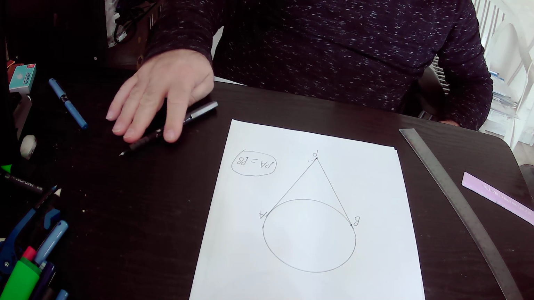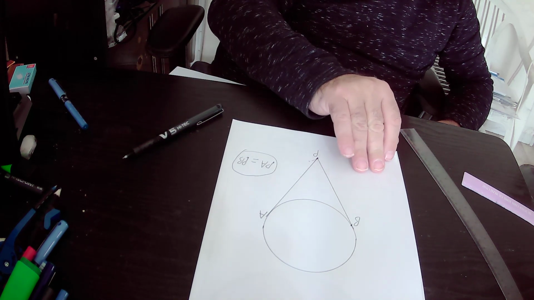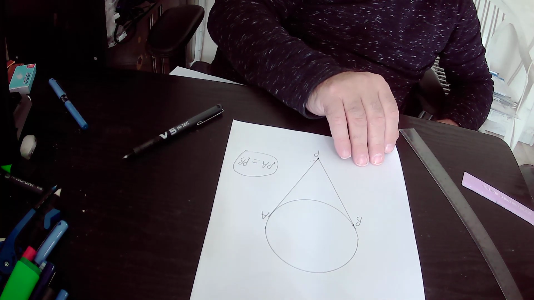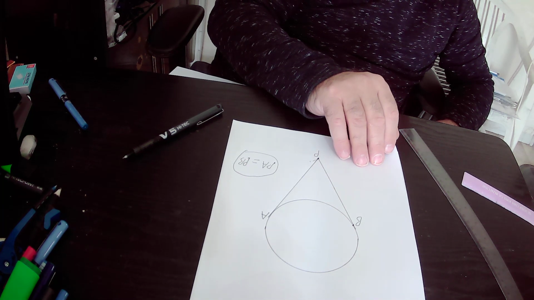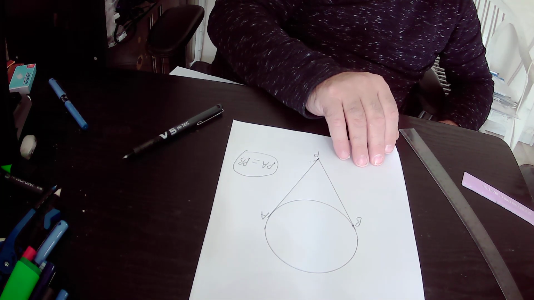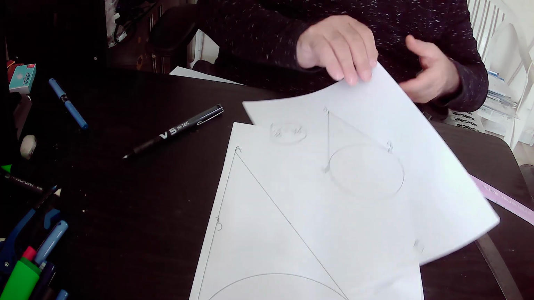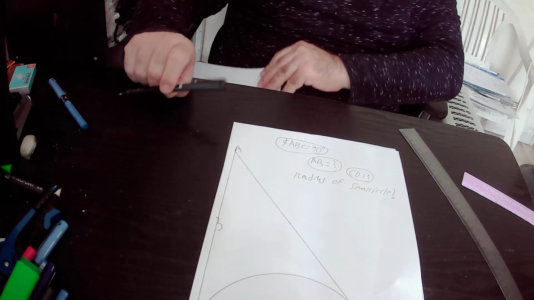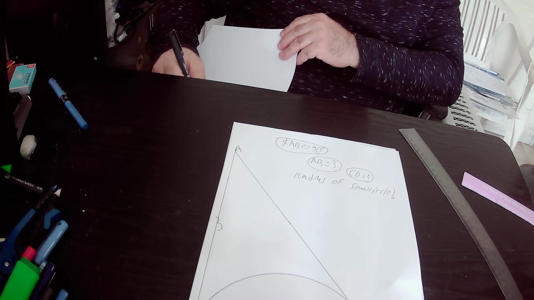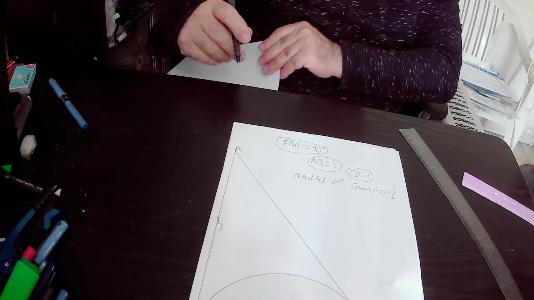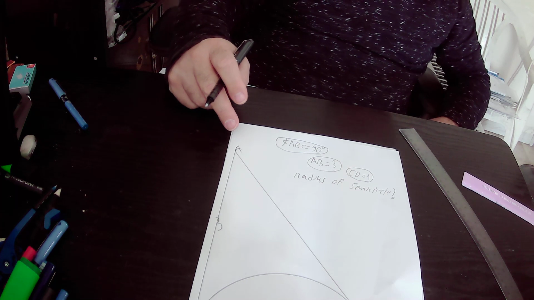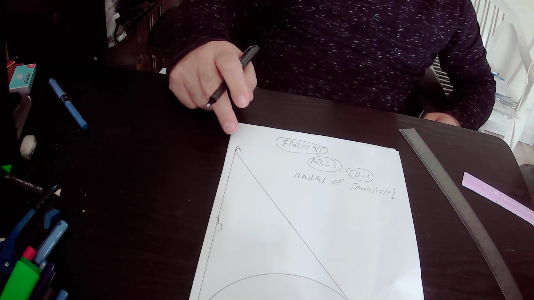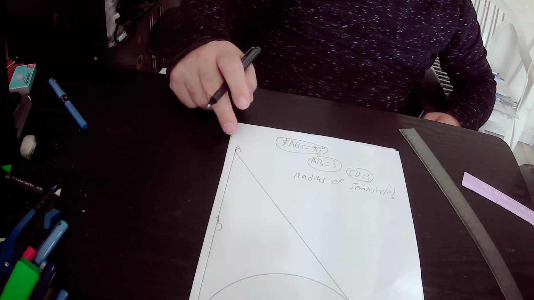Okay, so we can implement rule number 1, the two tangents theorem, in our drawing, because in our drawing point A, the vertex of triangle ABC, is an external point in relation to the semicircle.